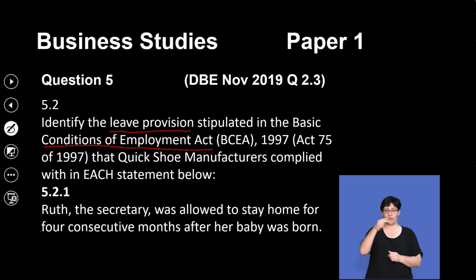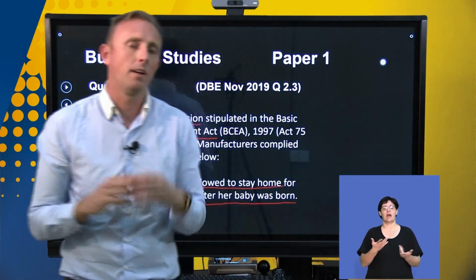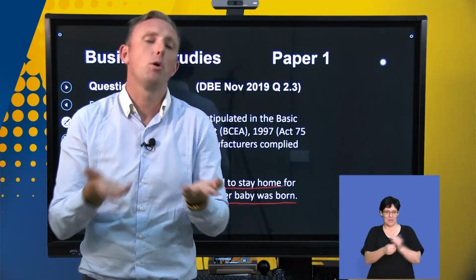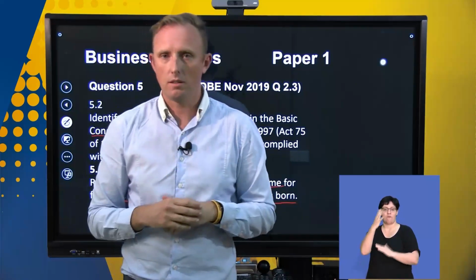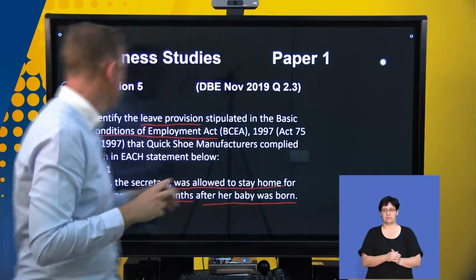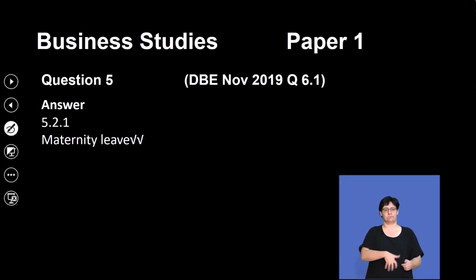So it says, Ruth, the secretary, was allowed to stay home for 4 consecutive months after her baby was born. Right, okay, so there's a big clue there. They're talking about her giving birth to a baby, and she was allowed to be off work for 4 consecutive months. So if we look at the potential answers for it, it is going to be maternity leave.